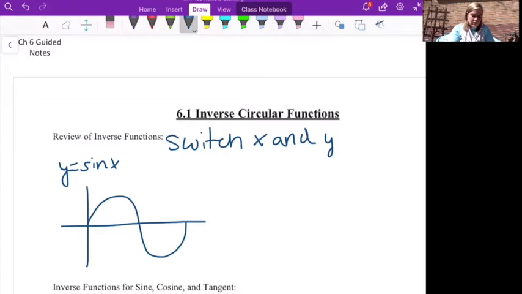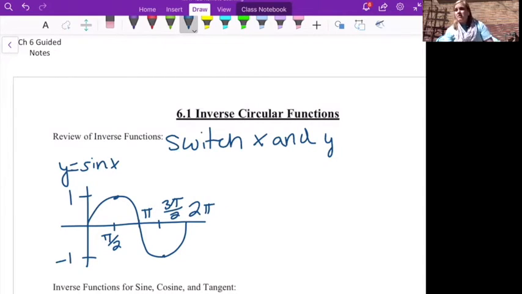And so this would go up to 1, down to -1. This would be at the point pi over 2, pi, 3 pi over 2, and 2 pi.